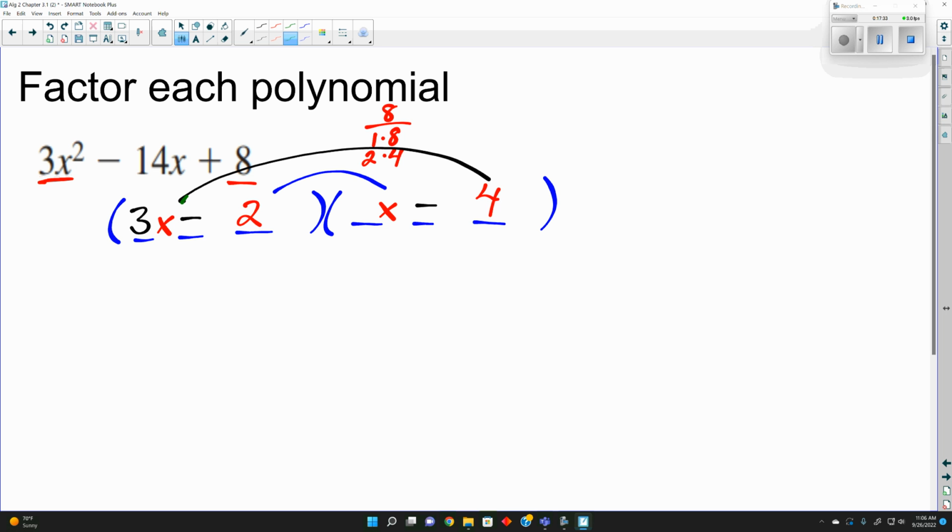And if we check this here, 3x times negative 4 is negative 12x. Negative 2 times x is negative 2x. And negative 12x minus 2x is negative 14x. Is that what we wanted?